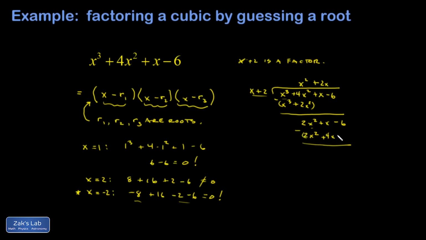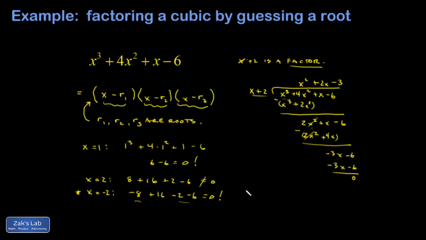And I'll do the subtraction. My leading term dies by design, and I end up with an x minus 4x, which is -3x, minus 6. How do I get a -3x? I would put a minus 3 on here. Distribute that. I get -3x minus 6, and there is no remainder because I was guaranteed to have this divide evenly because I knew that it was a factor.